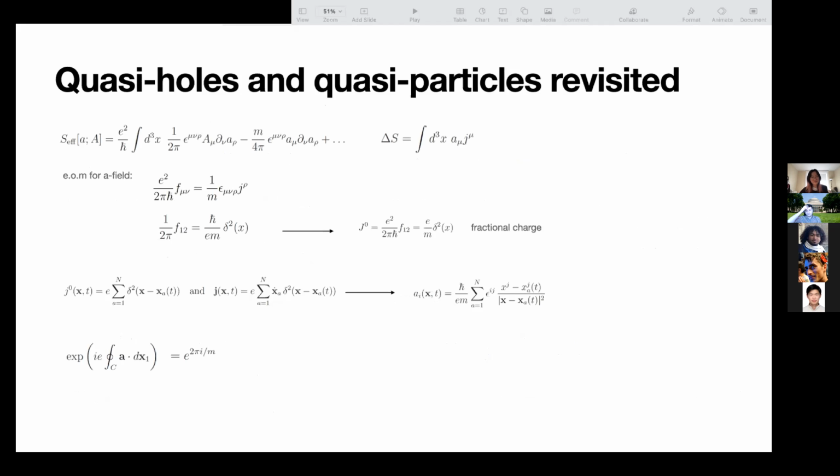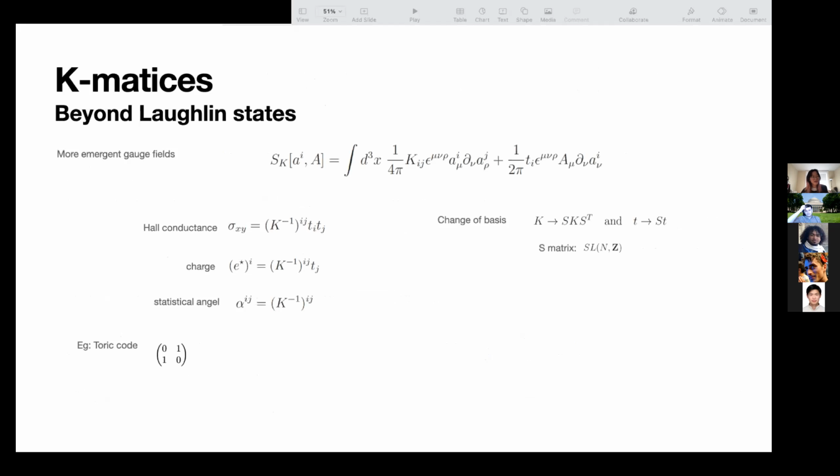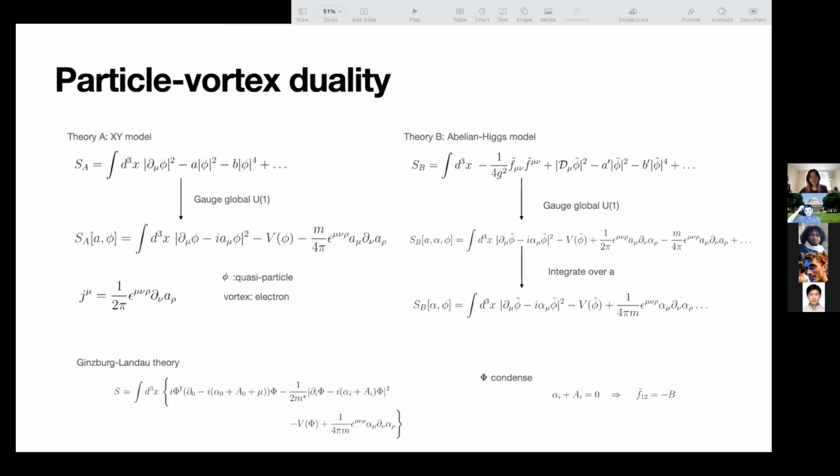Yeah, I mean, one way to think of it is in terms of the HLR theory, right? It's similar to something like this.